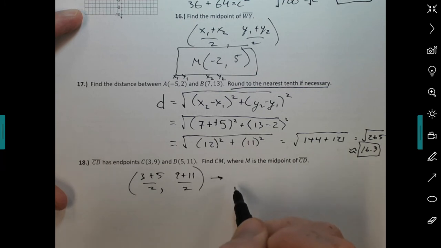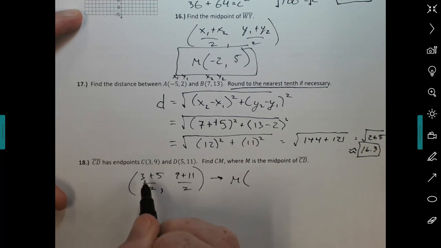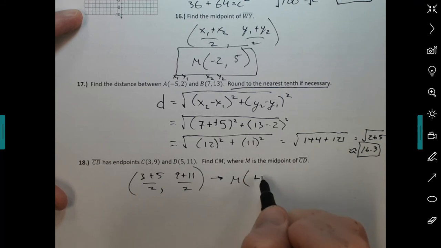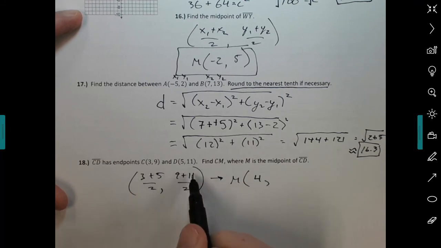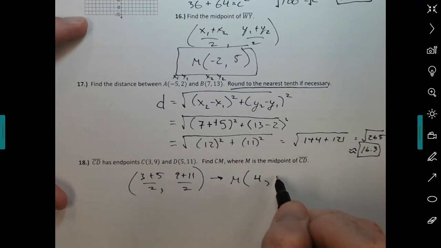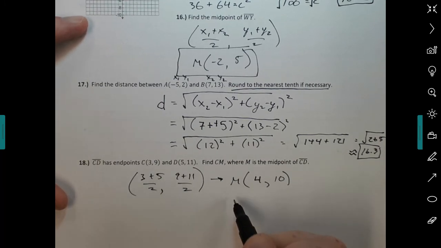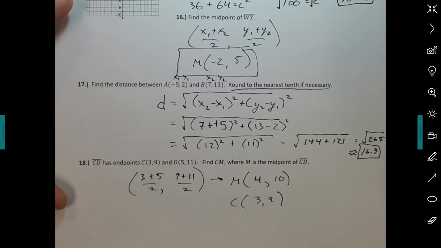So I know that my midpoint, 3 plus 5 is 8, divided by 2 is 4. 9 plus 11 is 20, divided by 2. There's my midpoint. So I need that, and I need point C, which is at 3, 9. Okay.